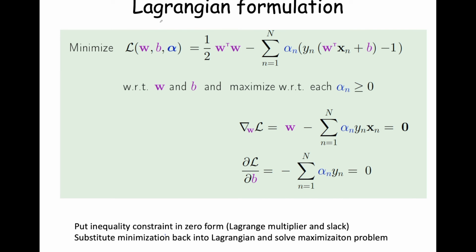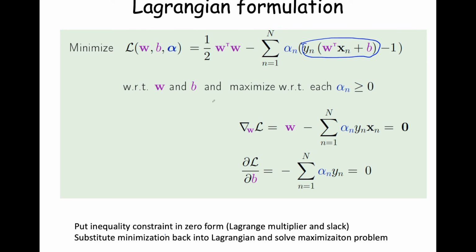It's called the primal problem, and you notice here that we don't have any constraints. But what we do have is a new form of that yn times the score, and you notice here we subtracted 1. So we've taken that inequality constraint and recast it in terms of equality, but we've added this other variable, this Lagrange variable.